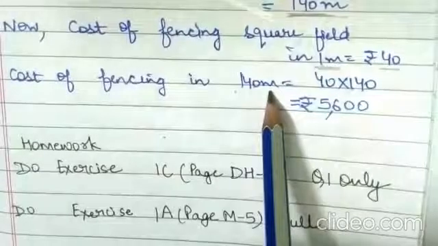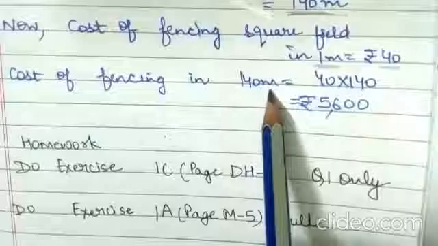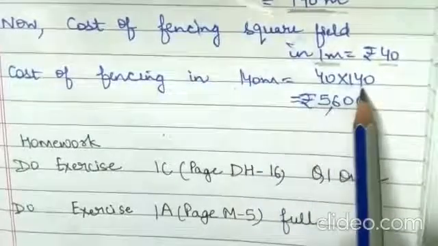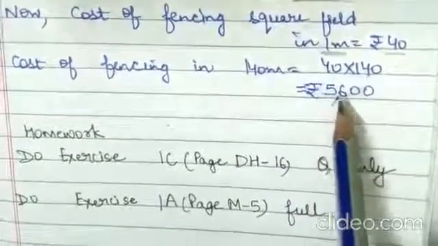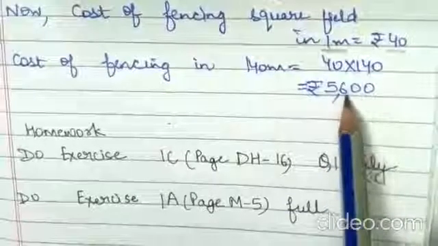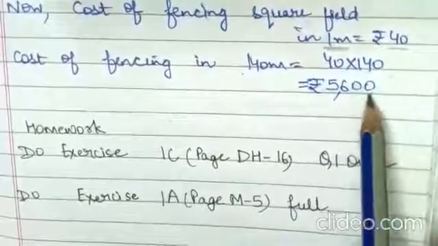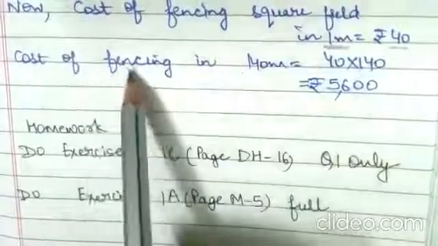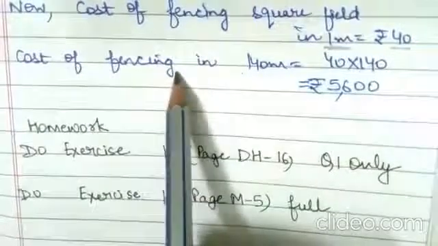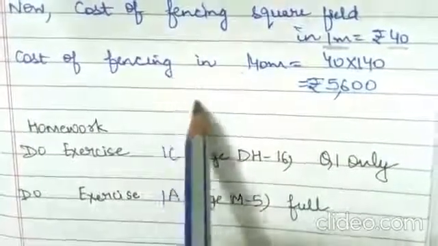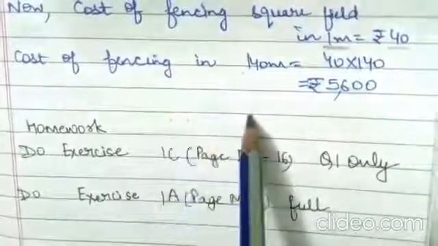So we will do the multiplication and we get 5,600 rupees. So this is the total cost of fencing the square field.